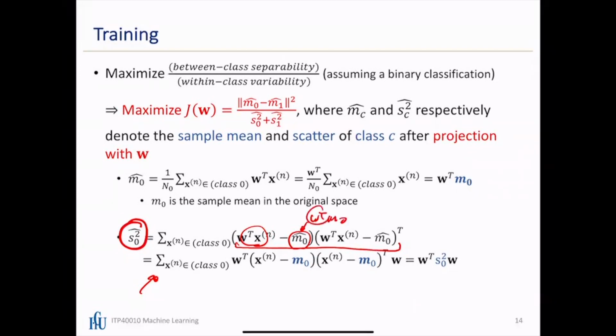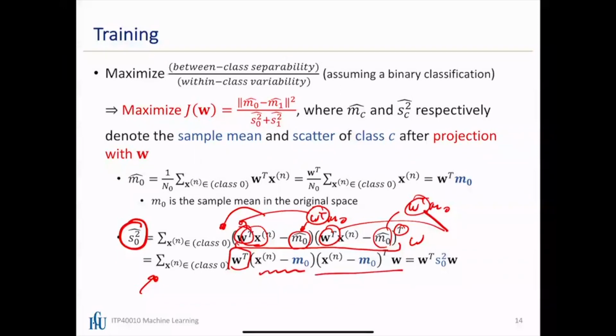So W^T gets collected and comes outside over here. The residue stays in the parentheses. Again, you have W^T, and this is W^T M0 from the original space. You can collect these two and transpose this, so you can write W right after the parentheses. Eventually, it is like this. So here is the conclusion.